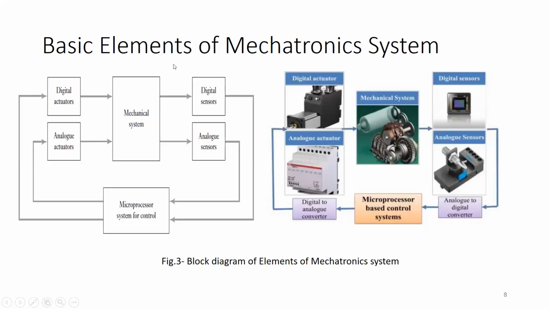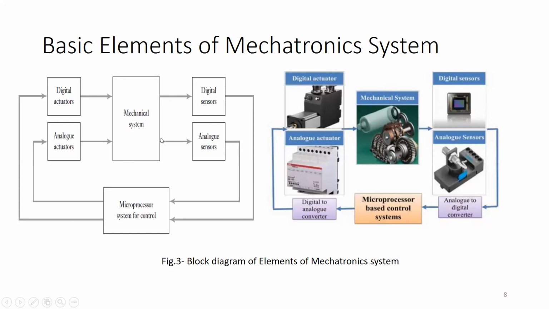Basic elements of a mechatronic system. So just look at this block diagram figure, very important. Any basic mechatronic system will have a mechanical system in the center. From that mechanical system, digital and analog sensors will be taking some data.